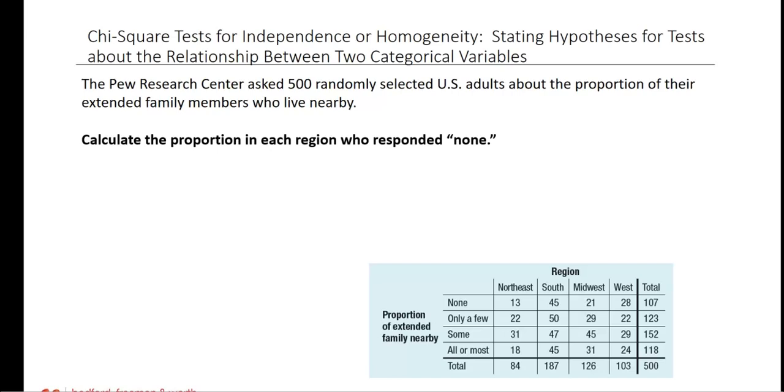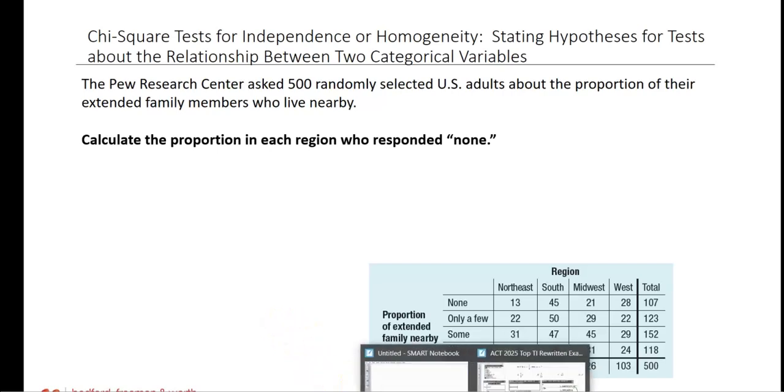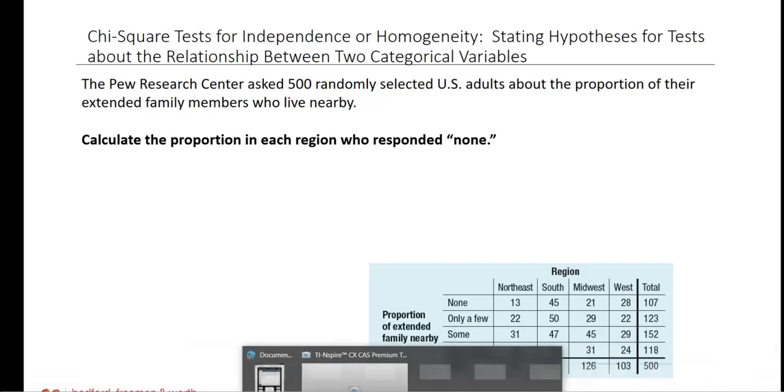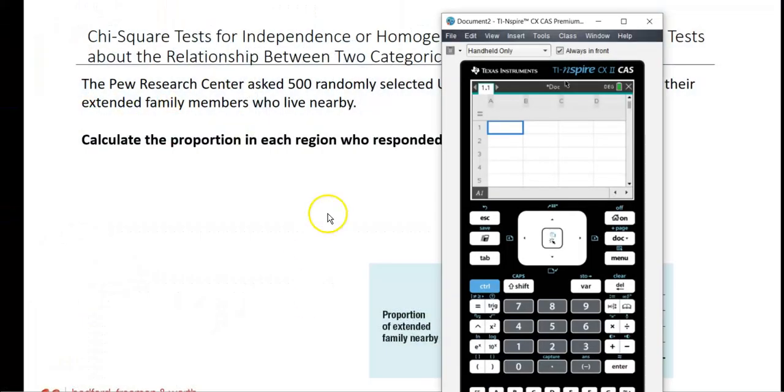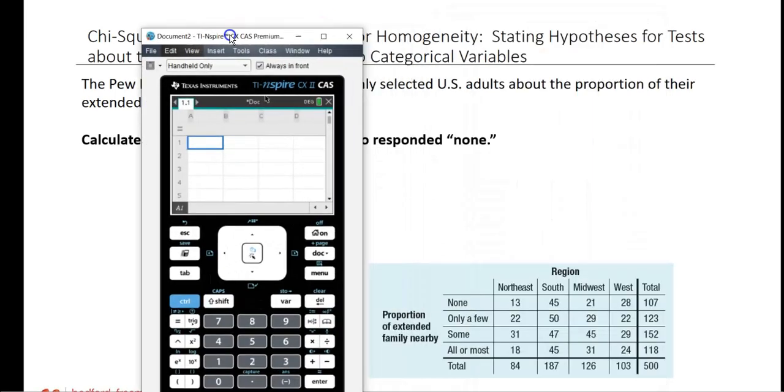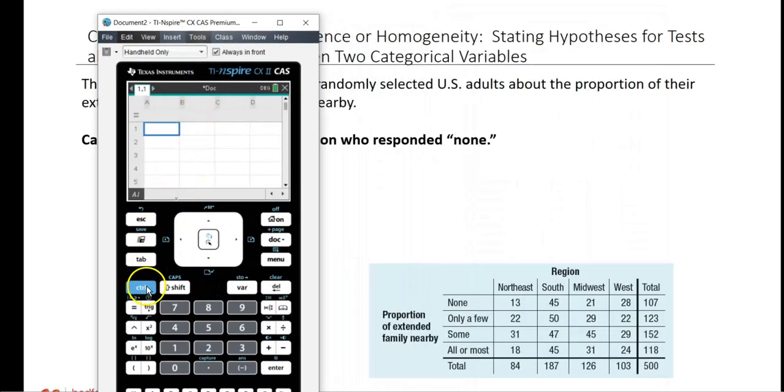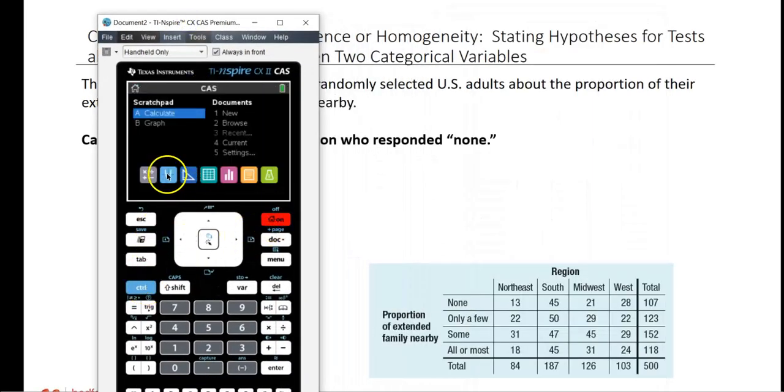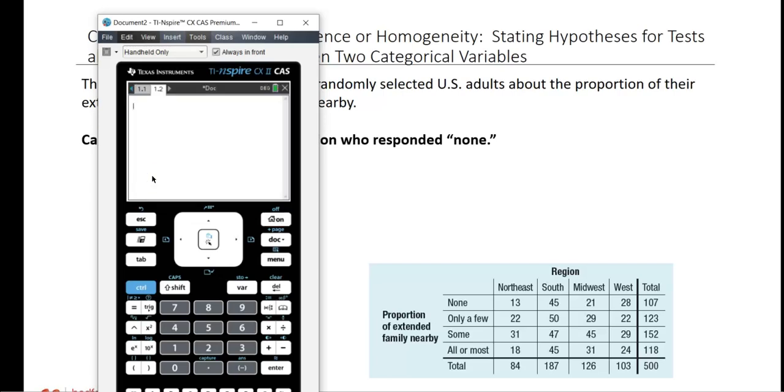So let's calculate the proportion in each region who said none. If you get your calculator out, not sure what the purpose of this is, but we'll see. Okay, so I'm just going to do it in the calculator here and we'll see what we use this for.